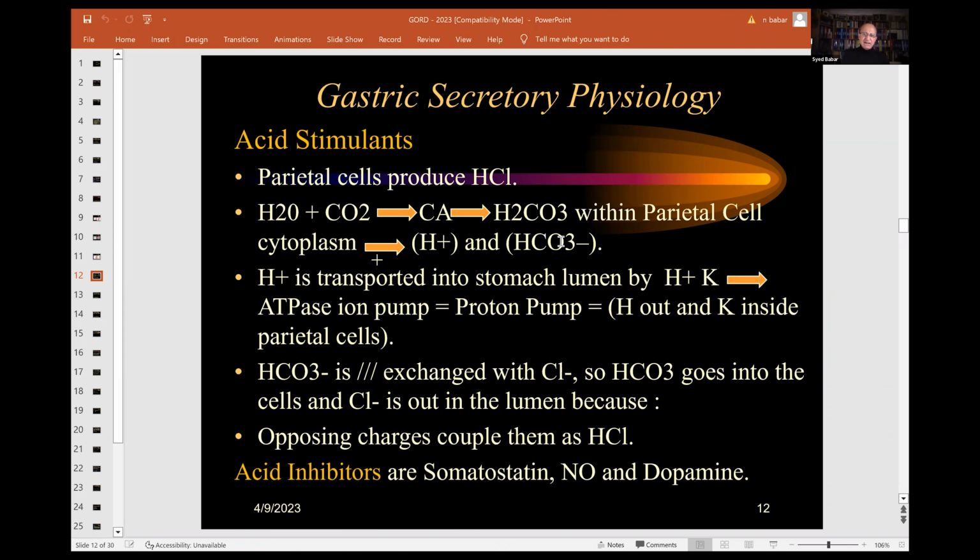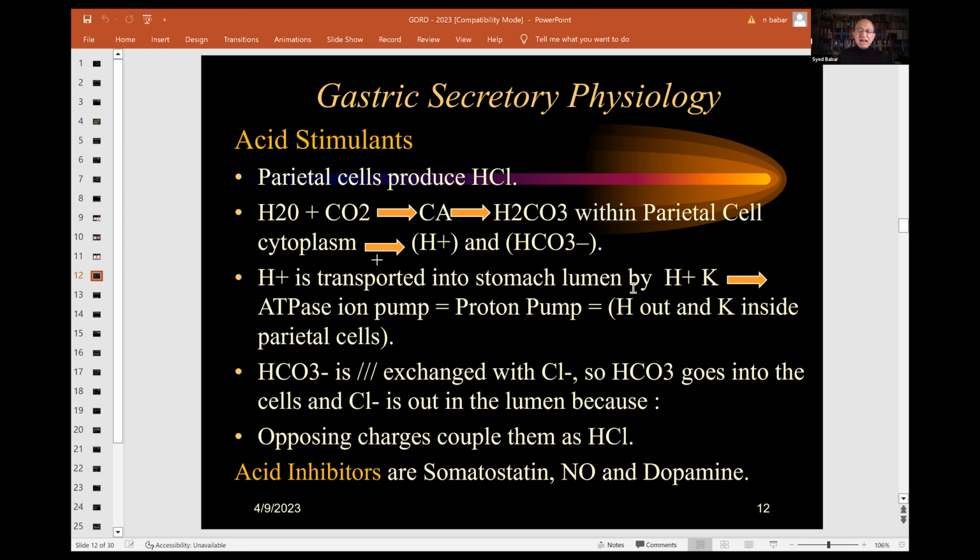We'll explain further how. The hydrogen ion is transported into the stomach lumen by the hydrogen, potassium, adenosine triphosphatase ion pump. The other name for that is the proton pump. So when the proton pump, the H-K ATPase pump, works, the hydrogen from the parietal cell cytoplasm goes out, and the potassium from the outside goes into the parietal cell.